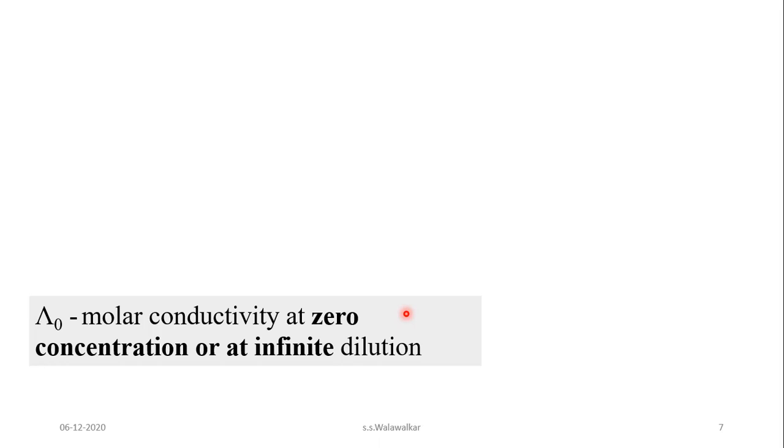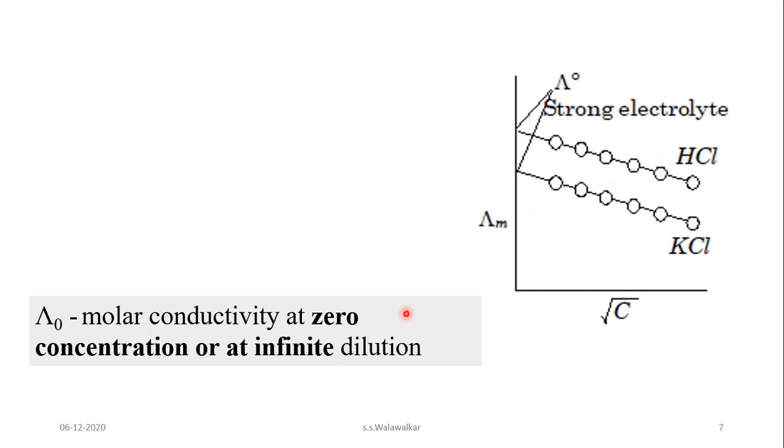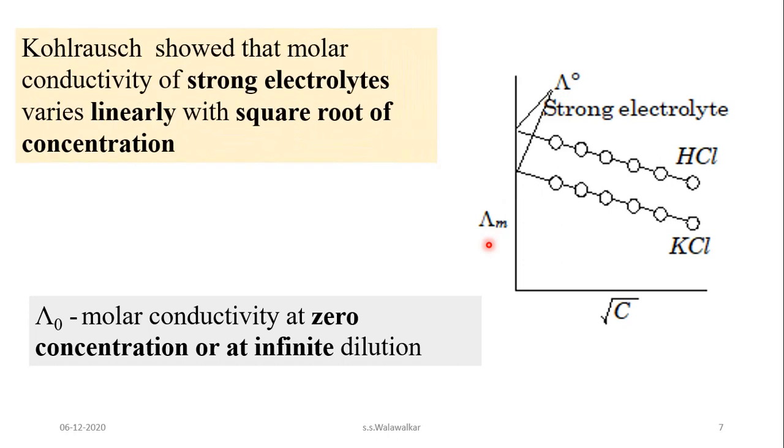So lambda 0 is the molar conductivity at zero concentration, or it is also called the molar conductivity at infinite dilution. This is the molar conductivity of KCl and HCl. The point of intersection of this y-axis gives you what? The molar conductivity at zero concentration.